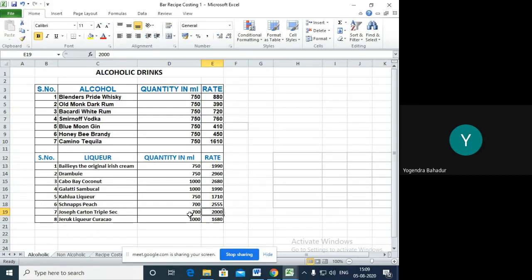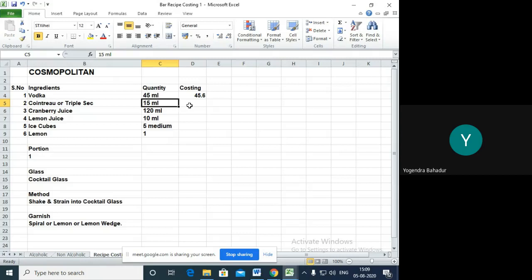So here 2000 is the price and the quantity is 700 ml. So going again to the recipe part, it will be 2000 divided by 700 ml into 15. We're coming to around 42.8, approximately, we can take it as 43.